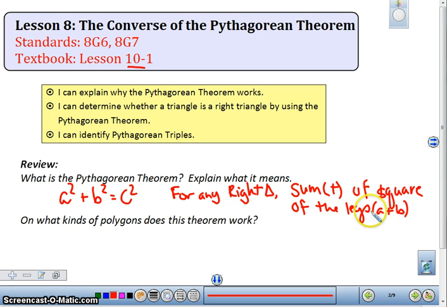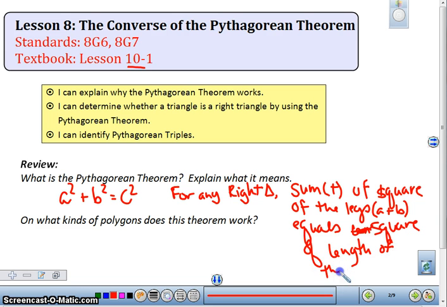So the sum of the squares of the legs equals the square of the length of the hypotenuse.